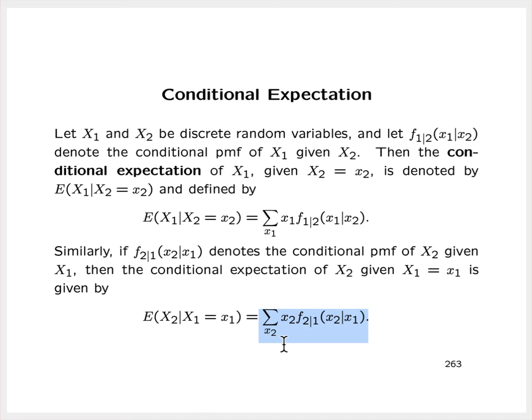It's a sum over the values of x2 in the sample space of the random variable x2 of the product x2 times the conditional PMF of x2 given x1. And so the fact that we are conditioning on x1 shows up here, and that's going to impact this conditional expectation of x2. And so we will potentially have different values or different expressions for this conditional expectation of x2 for each value of x1.